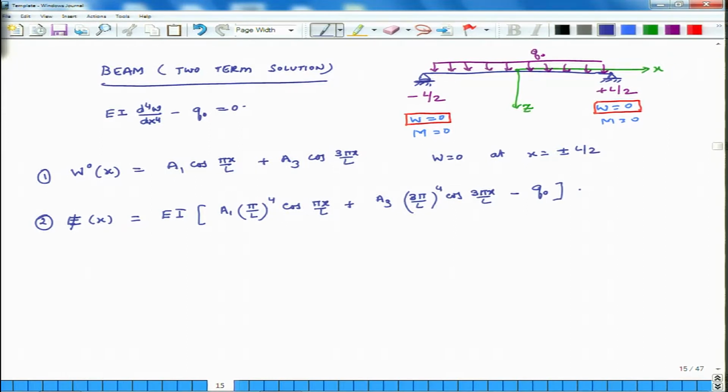This is the error. Oh, I am sorry, this q naught has to be outside the bracket. So, this is the error or the residue. Okay.